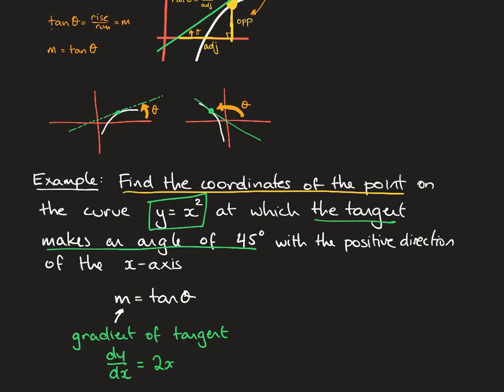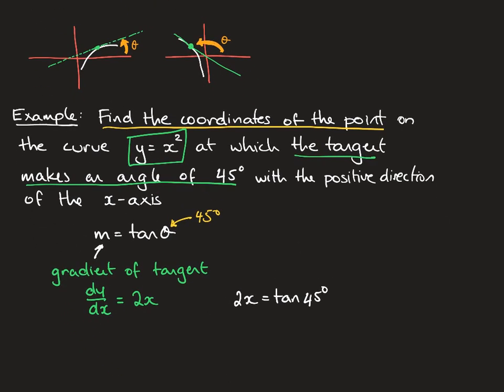We know that the angle is 45 degrees, it says so in the question. So 2x is equal to tan of 45 degrees, and tan of 45 degrees is 1. And so we have that 2x is equal to 1 and that x is equal to a half.